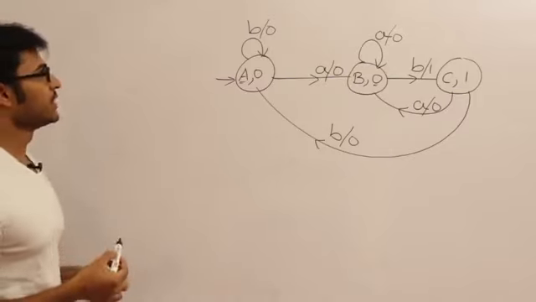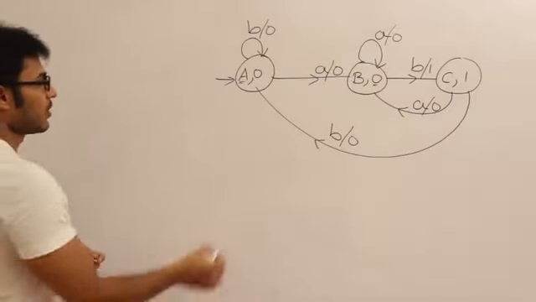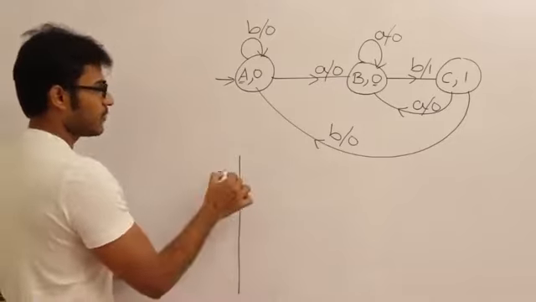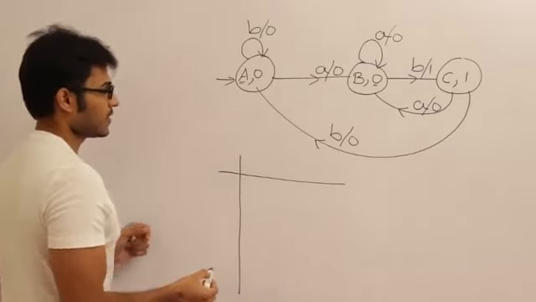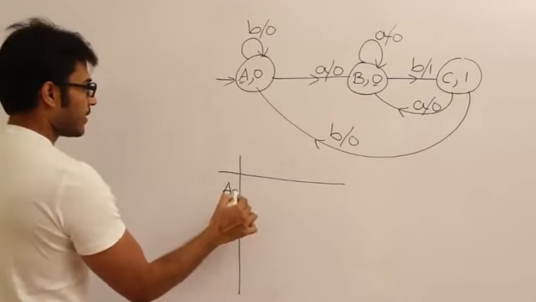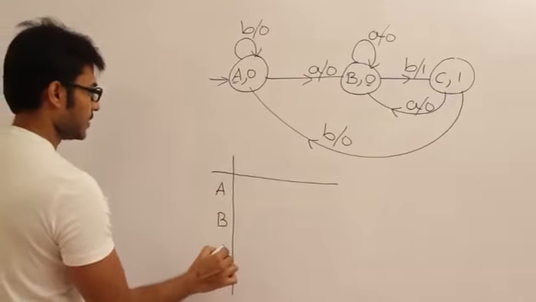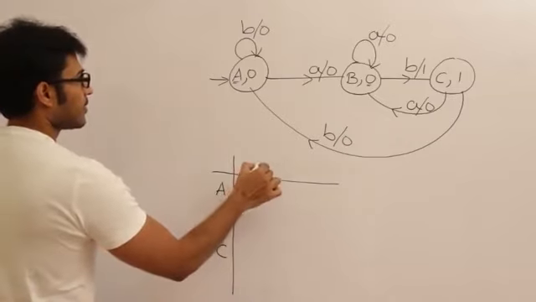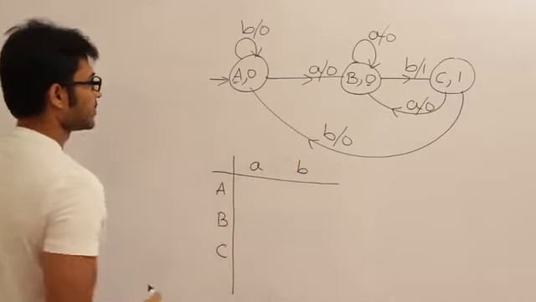And if you have to see how to convert a transition table of the Moore machine to a Mealy machine for the same diagram, you can even look at it this way. Let us say A, B, C are the states and small a and small b are the inputs.